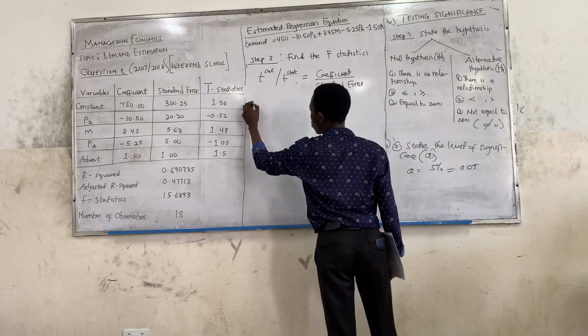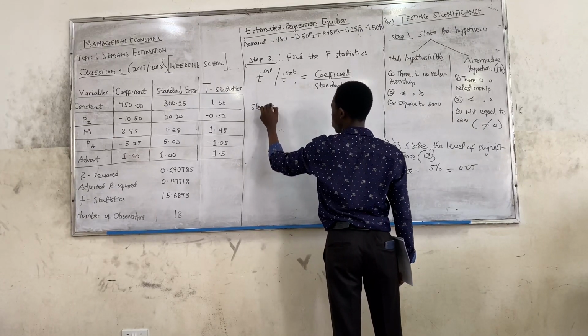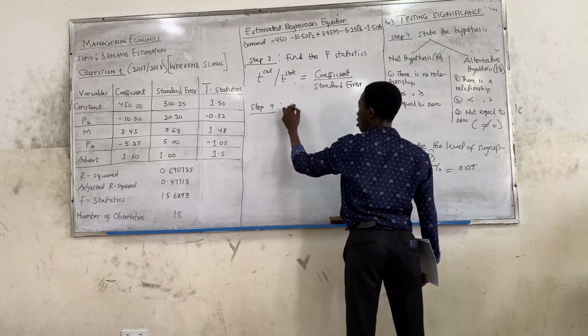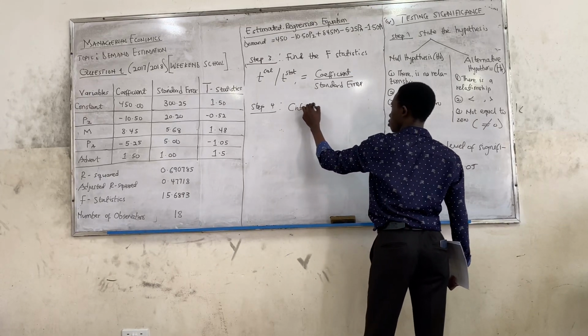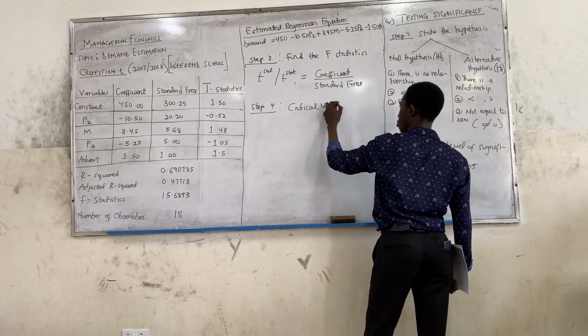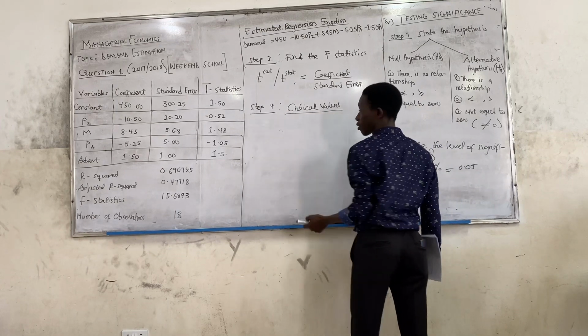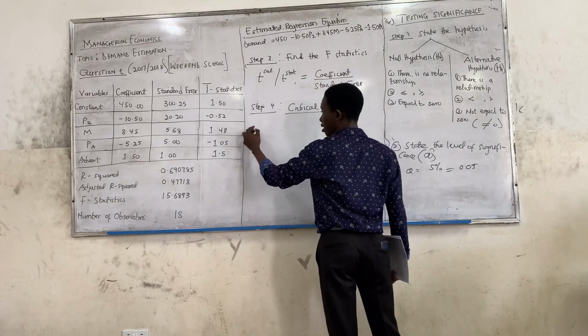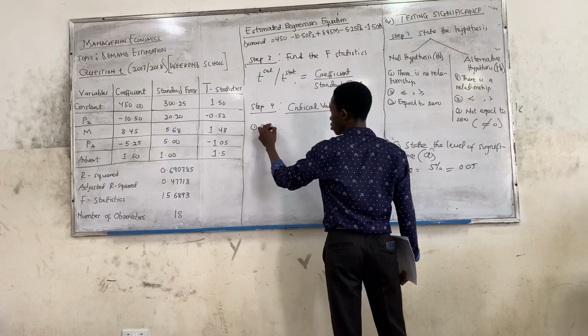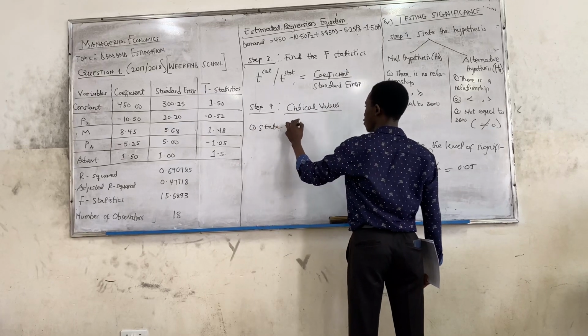So step 4, we find our critical values. So with the critical values, first we state the level of significance and divide by 2.